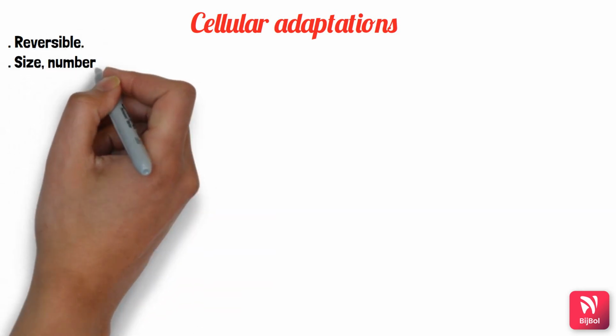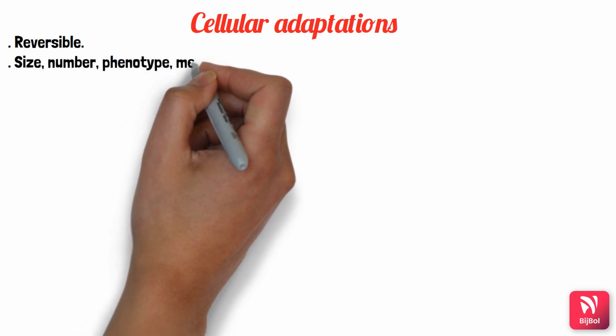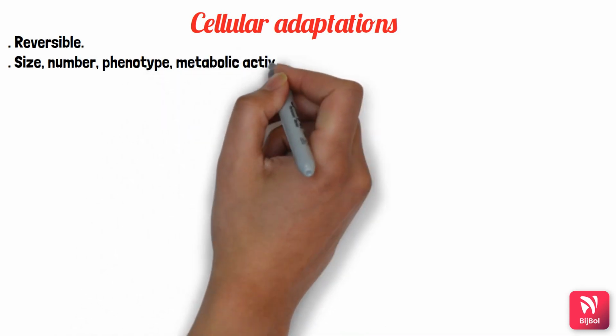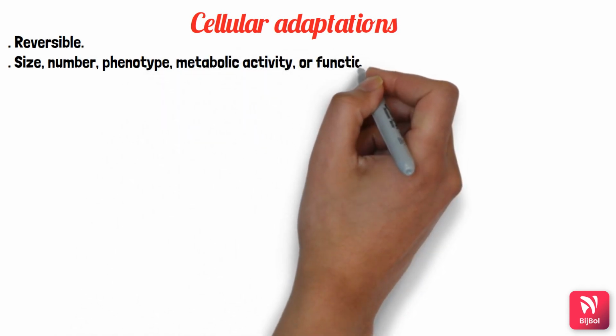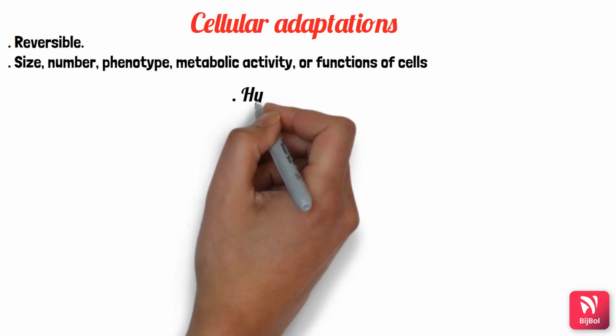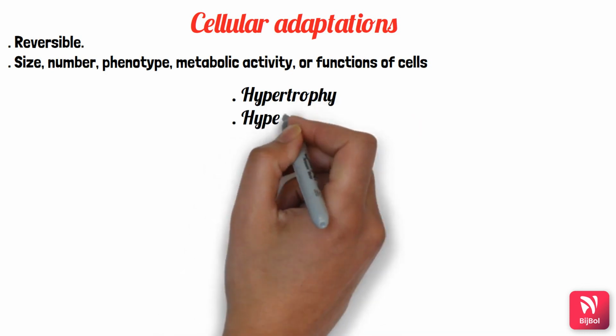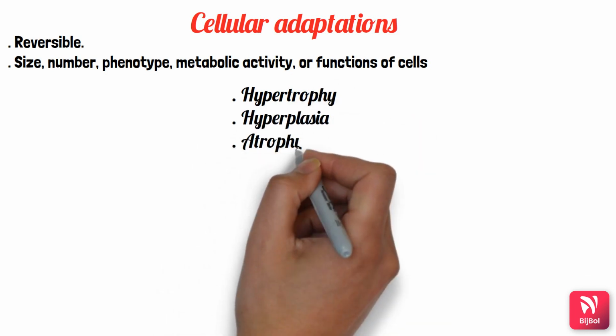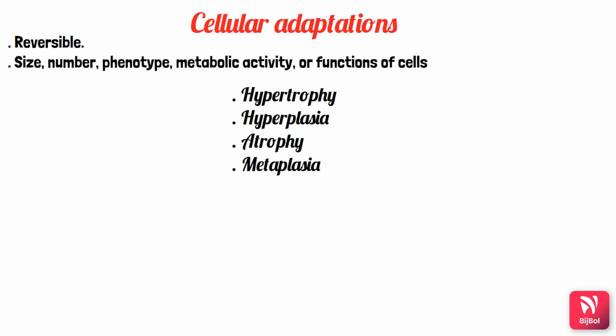These reversible changes in the number, size, phenotype and metabolic activity or functions of the cell are termed cellular adaptations. Depending upon these factors, there are different types of adaptations like hypertrophy, hyperplasia, atrophy and metaplasia.